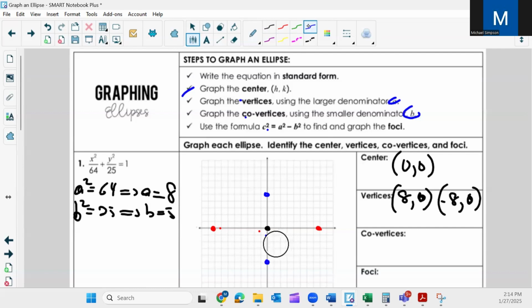What are my coordinates for those points? 0, 5. Exactly. So my co-vertices now are 0, 5, and 0, negative 5. Good? All right. Let's go ahead and skip the graph now.